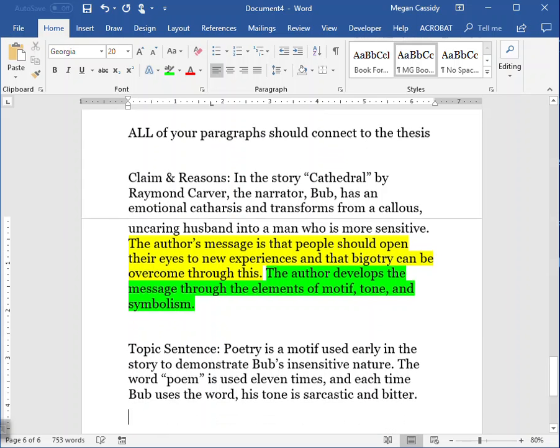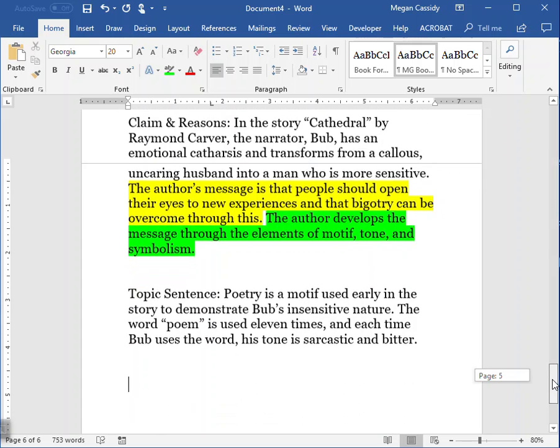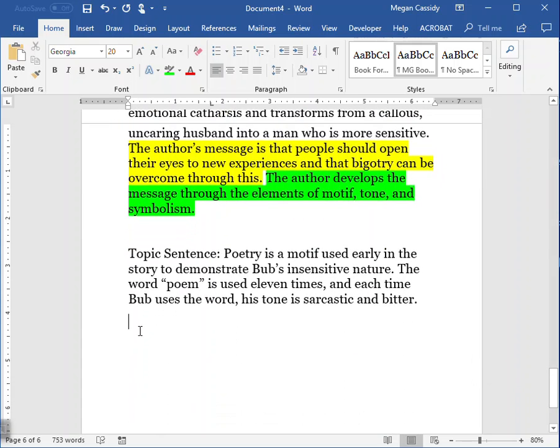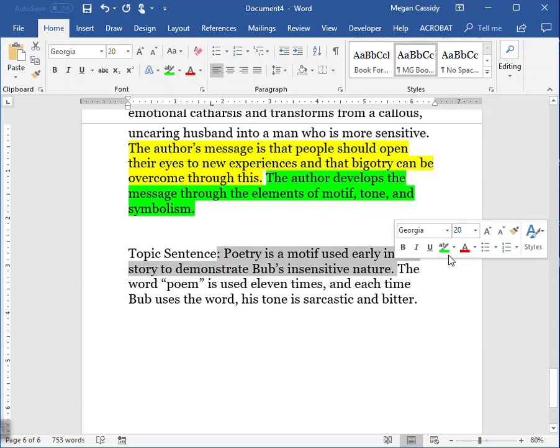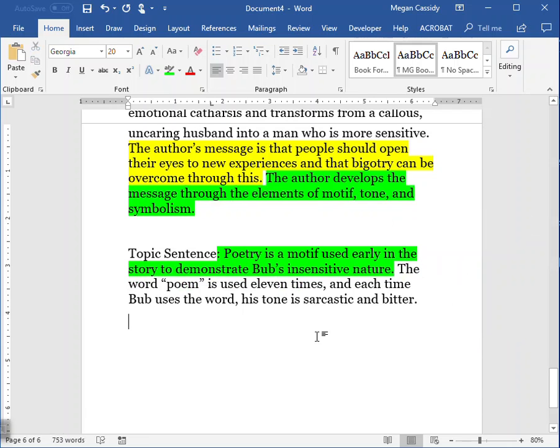Now, I'm kind of tying together 2 of the reasons, motif and tone, but I probably would go more into tone later on. Poetry is a motif used early. This is really my topic sentence. I've got a bit more about it in the second sentence, just as kind of a little explanation. But that's really my topic sentence.